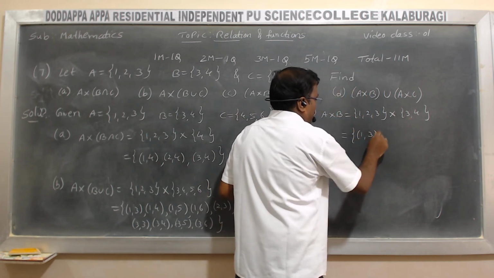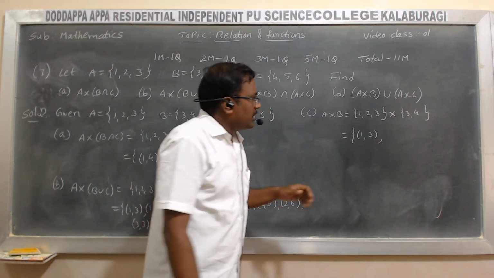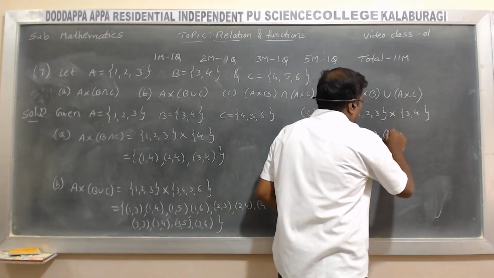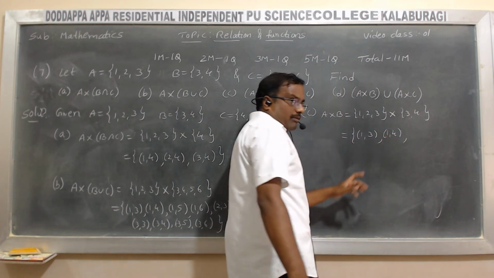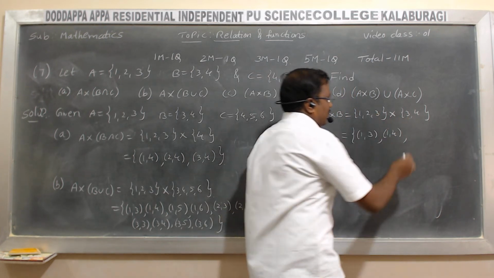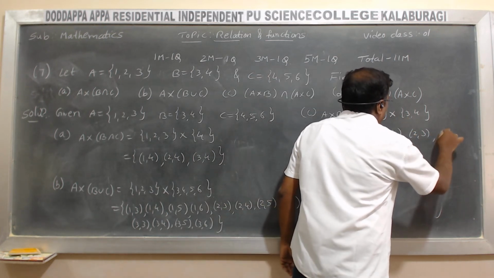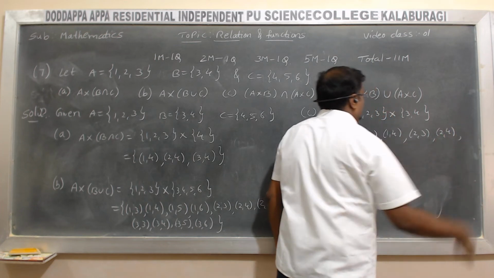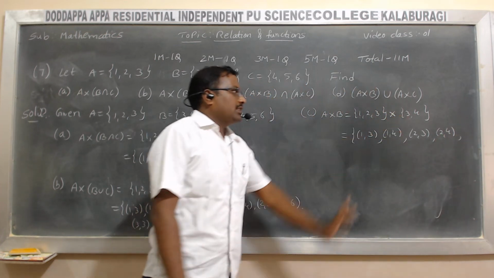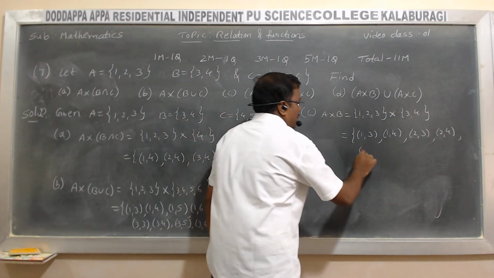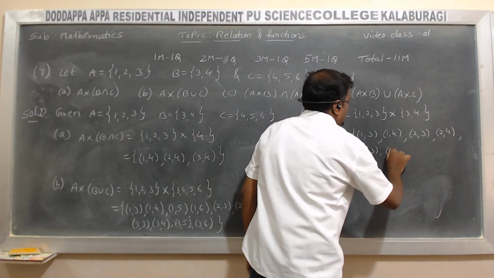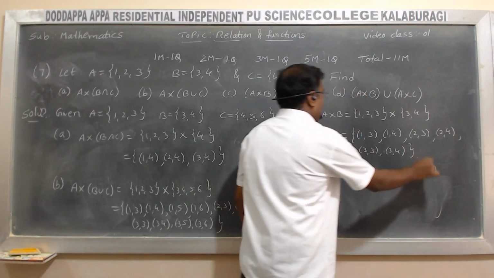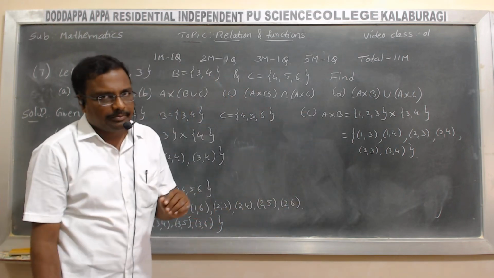We get (1, 3). First element and second element we get (1, 4). Similarly, second element, first element: (2, 3). Next (2, 4). Next the third element and first element we get (3, 3), (3, 4).